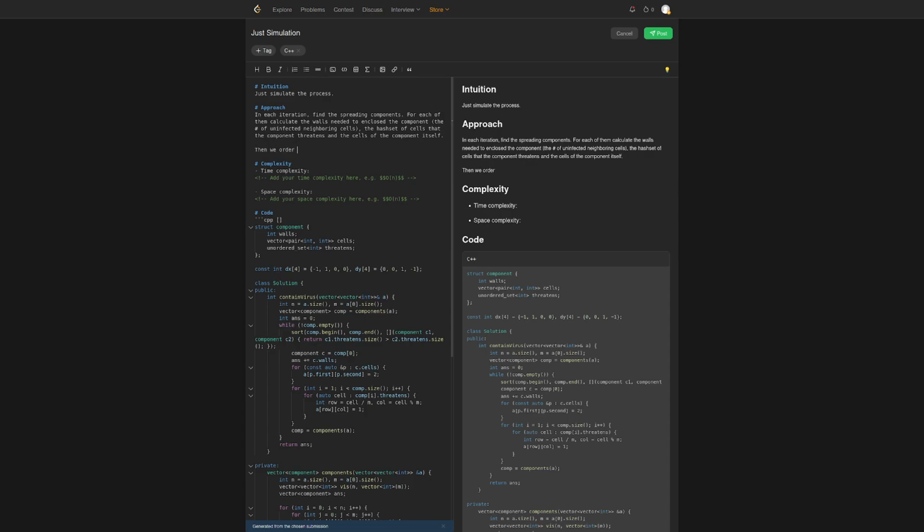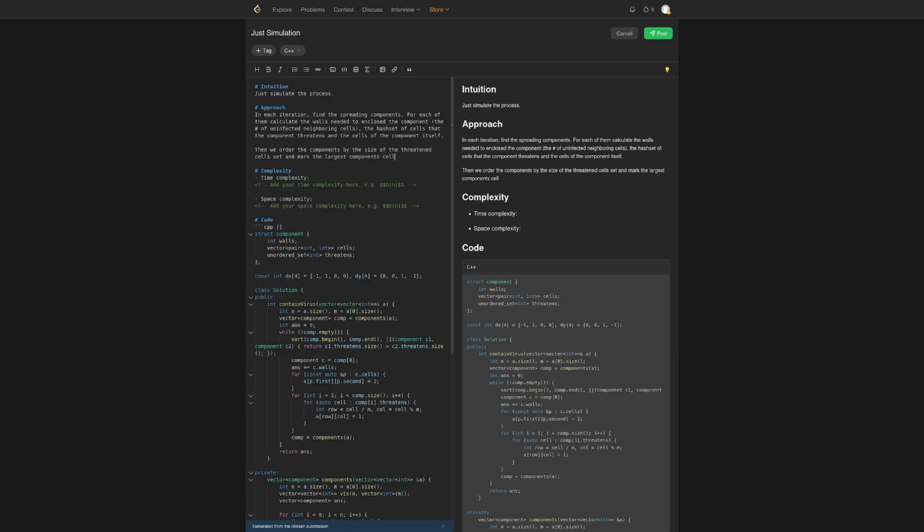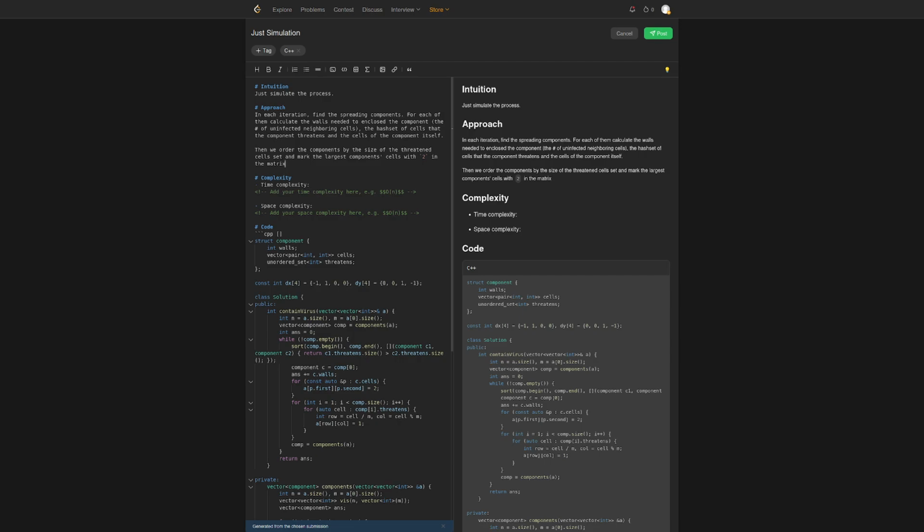We order the components by the size of the threatened cells set and mark the largest component's cells with 2 in the matrix, meaning not spreading.